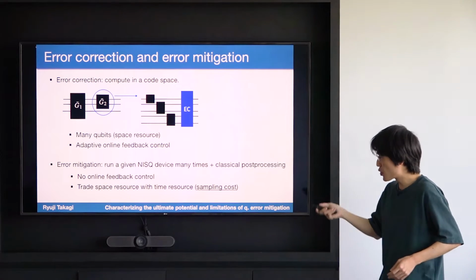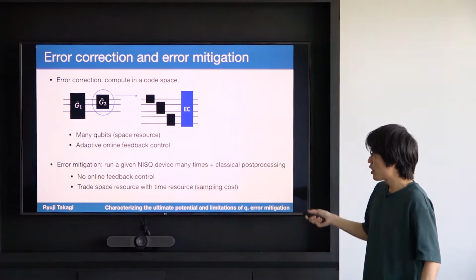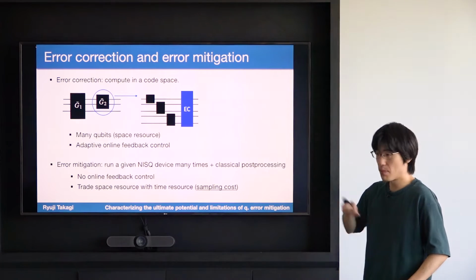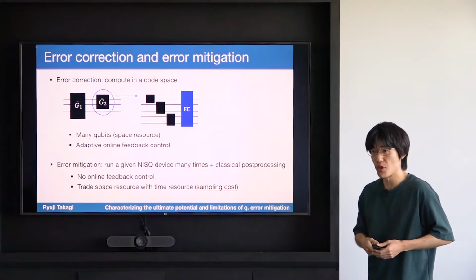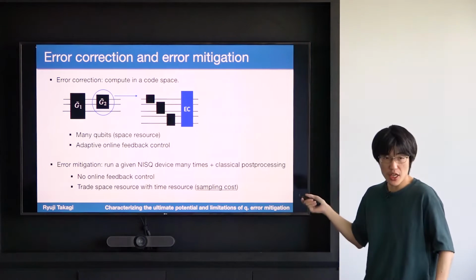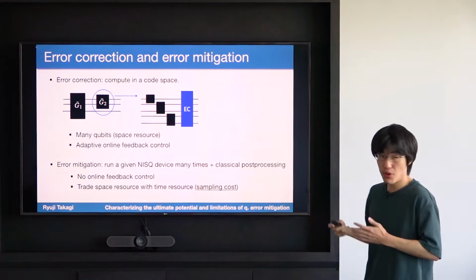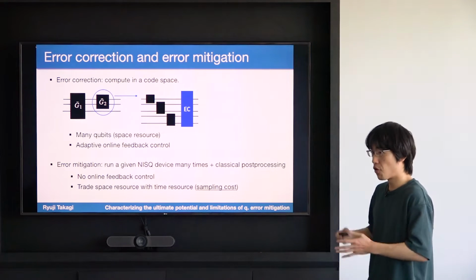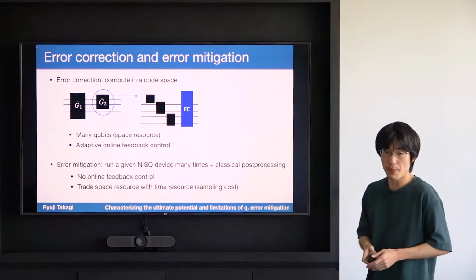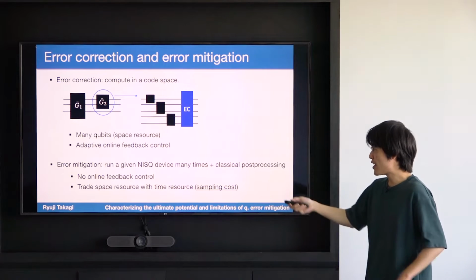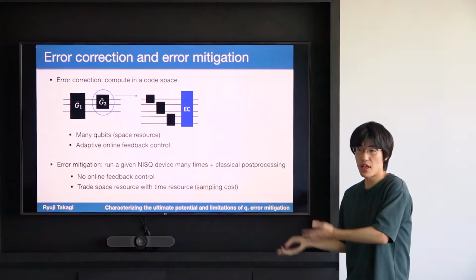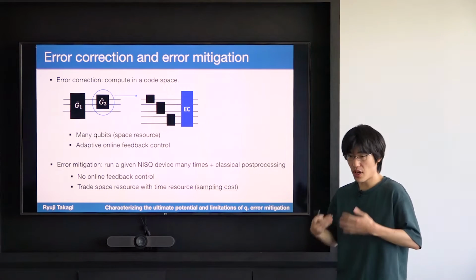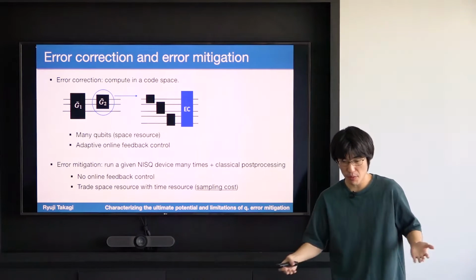As a resource, error correction uses many qubits, which is considered a space resource. But in error mitigation, you trade the space resource for a time resource in the form of sampling cost. Sampling cost means that error mitigation uses the NISQ devices many times and takes statistics to get the classical information that you were interested in.